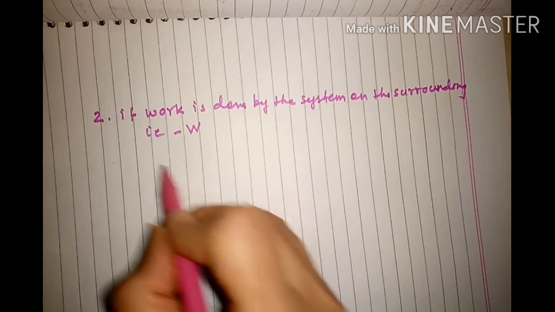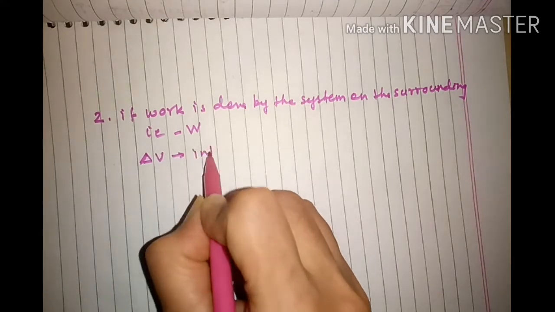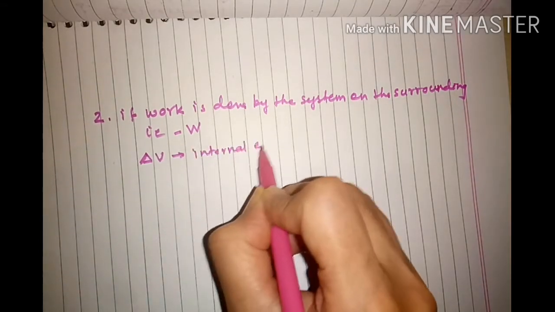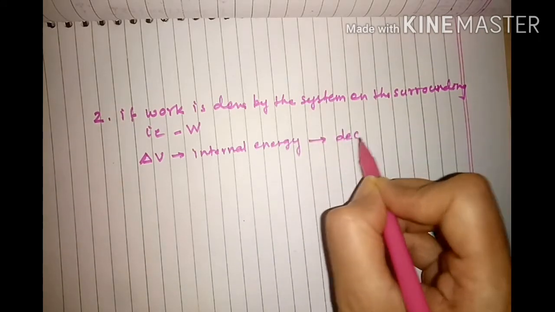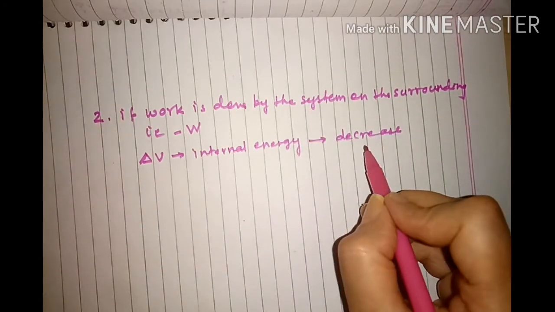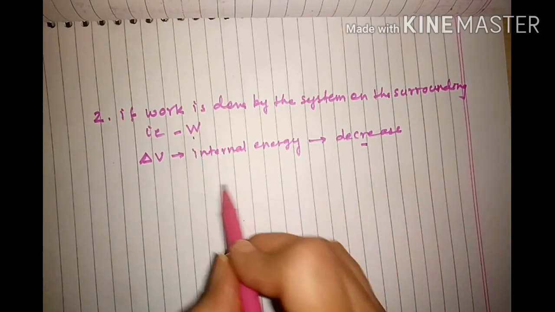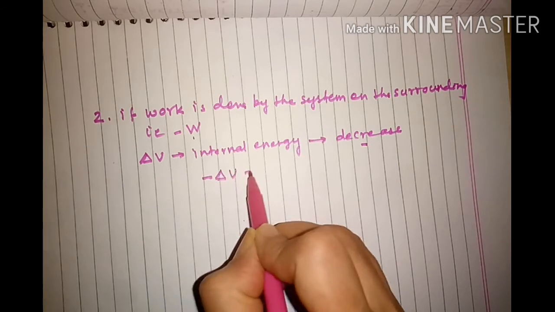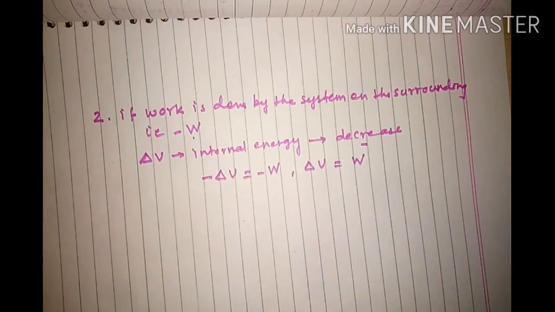The internal energy, that is delta U, of the adiabatic process will decrease here. So whenever there is decrease in internal energy, it would be minus W. That is why we can write minus delta U is equal to minus W and plus delta U equal to plus W. So this is about the adiabatic process.